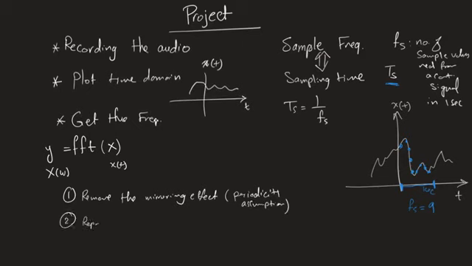And number 2, represent the values on the f or omega axes correctly. Okay? So remove the mirroring effect and represent the values on the frequency or omega axis.